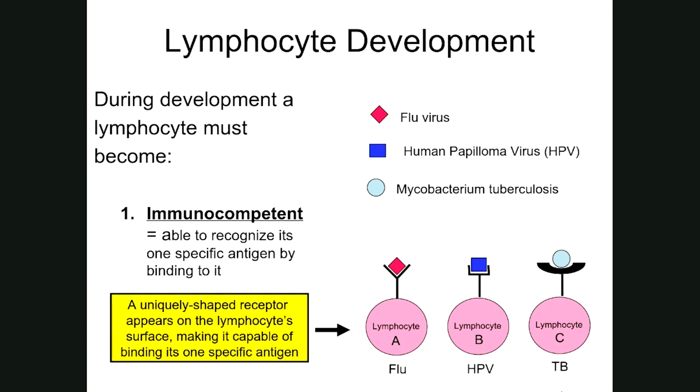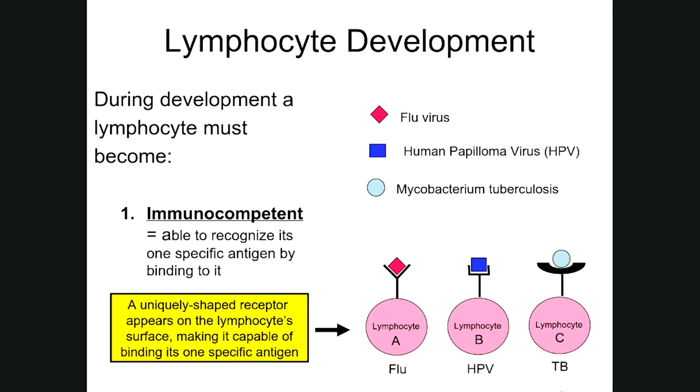I always get the question, so these cells are developing in the thymus, they're developing in the bone marrow, maybe before you ever see flu virus, or maybe before you ever see HPV. Maybe you'll never get exposed to HPV, but your body right now has lymphocytes that are specific for all the different kinds of HPV in it.